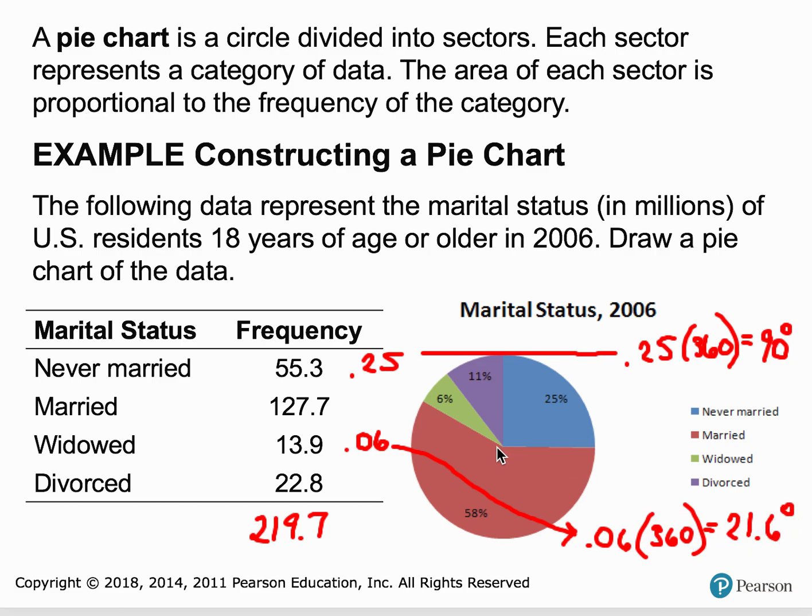Then we would use some kind of tool, a protractor, or on the computer we just enter the degrees to draw this sector at a 21.6 degree angle. With a pie chart, we must also have a key. Must have a key.